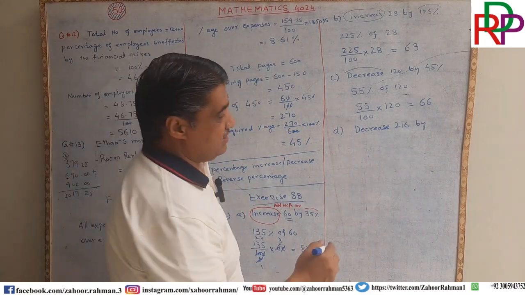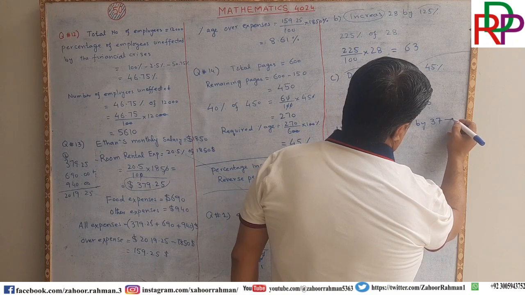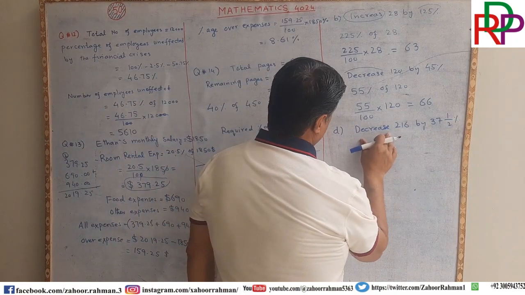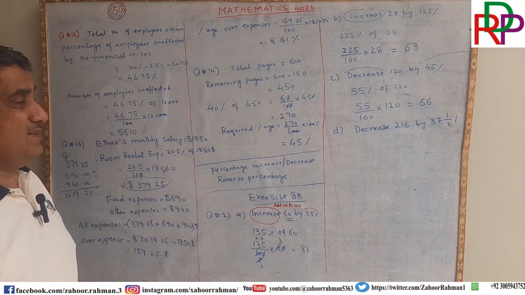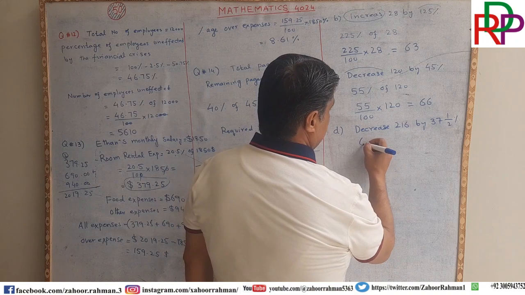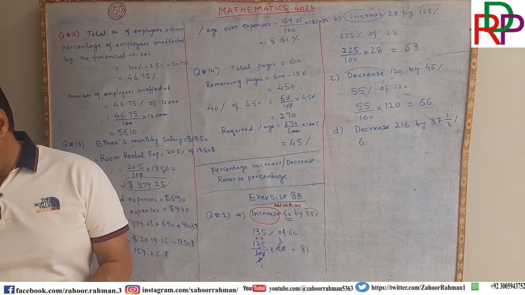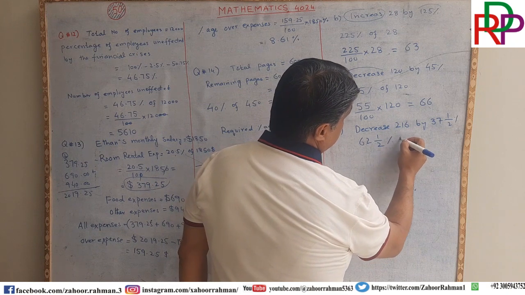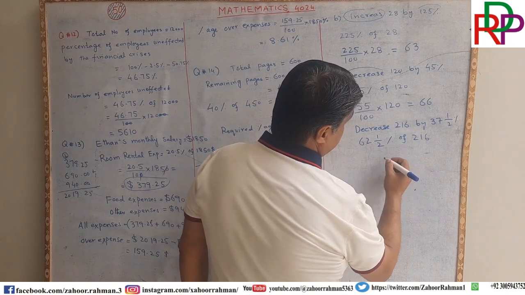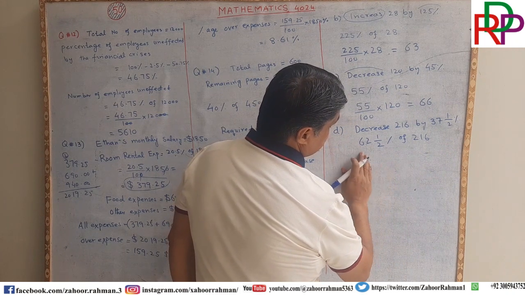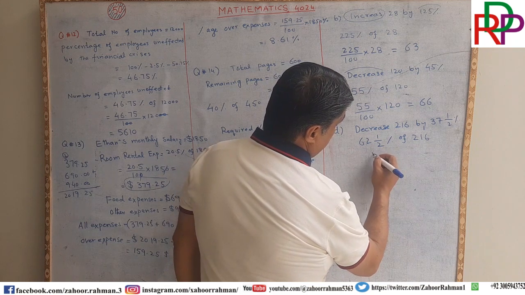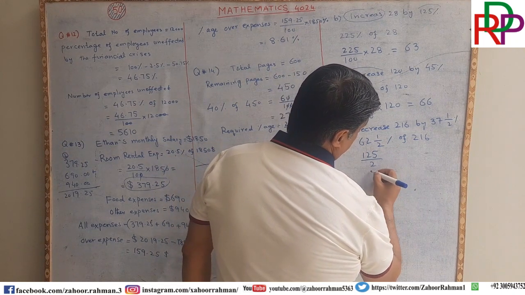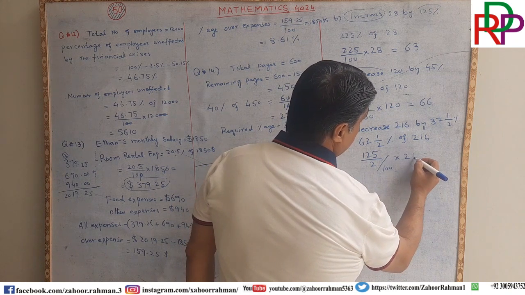It is given as a mixed fraction, 37 whole 1 over 2%, 37.5. So for decrease, you have to subtract it from 100, so it will be 62 whole 1 over 2% of 216, and that can be written as 125 divided by 2% of 216.